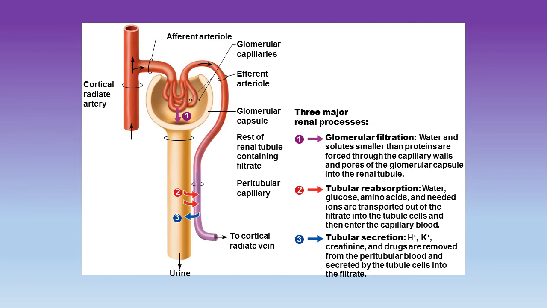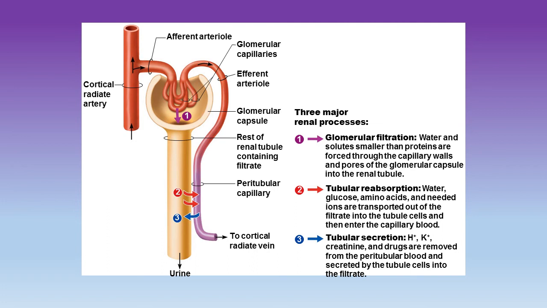Now, once you are in the proximal convoluted tubule, you have both reabsorption and secretion occurring. Like I said, number 2 in red, it's showing the reabsorption. You have substances from that filtrate that you're putting back into the blood. Maybe you're putting glucose back in, and water back in, amino acids, things that the body's going to need. And then secretion.